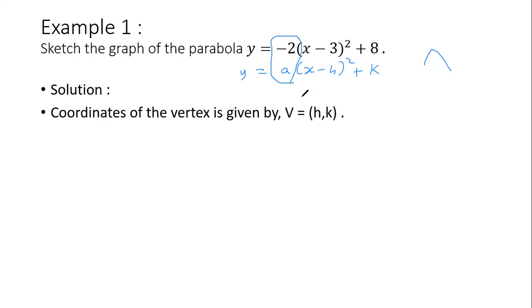So we can say the coordinates of the vertex are given by h comma k. Therefore, V is equal to h is 3, k is 8: 3 comma 8.